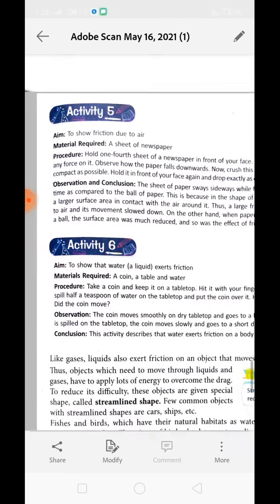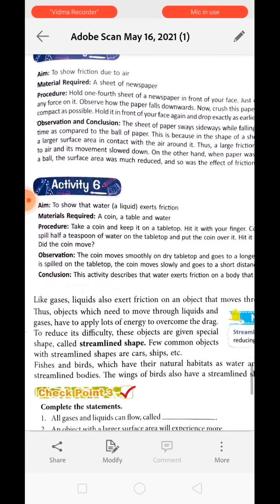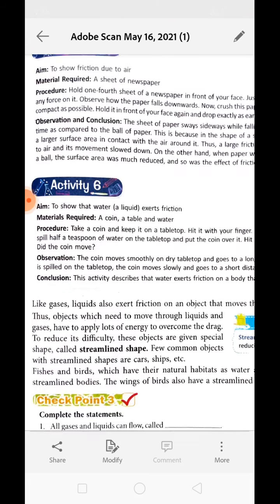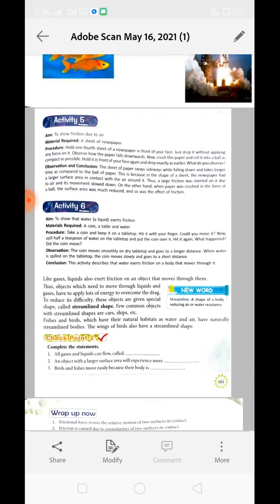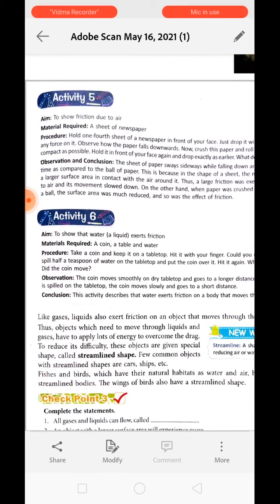Understand? Now in activity 6, we are going to show that water or liquid also exerts friction. For that we need a coin, a table and water. We will put the coin on the table and slide the coin. The coin moves smoothly on the dry tabletop.